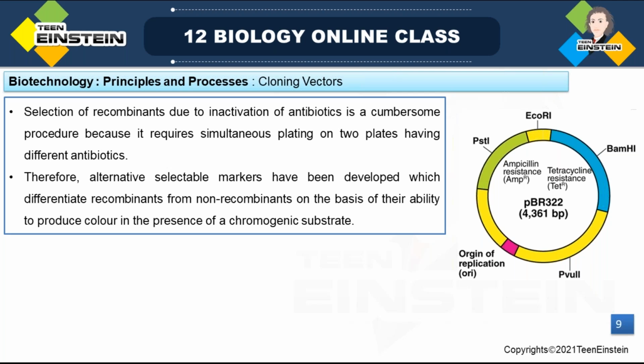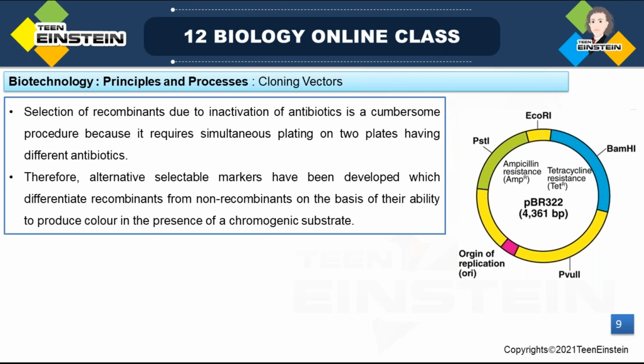Next, selection of recombinants. Just now I said that antibiotic resistance will get inactivated due to the ligation or insertion of the foreign DNA; that resistance is lost in some cases.